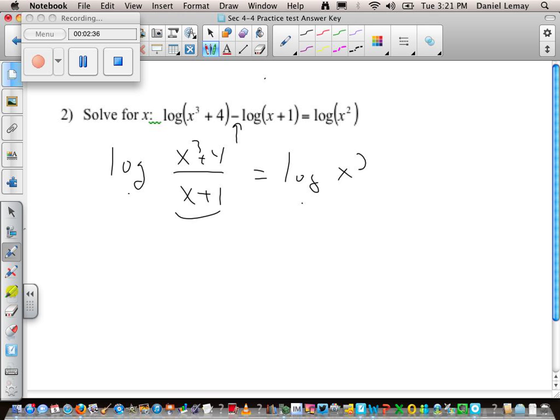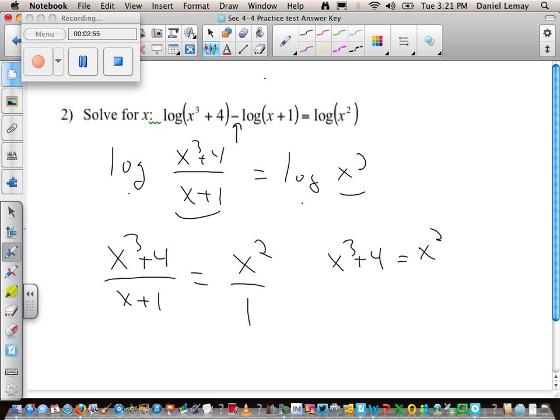So x cubed plus 4 over x plus 1 has to equal x squared, and I'm going to put that over 1 to make it a proportion. Now I can do the cross products. So x cubed plus 4 times 1 equals x squared times x plus 1.